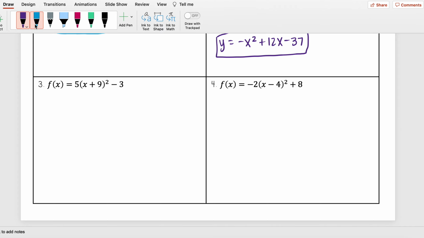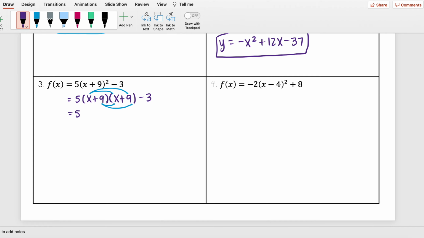Okay, let's try another one. So here I have 5 times x plus 9 squared minus 3. So that's really the same thing as 5 times x plus 9 times x plus 9 minus 3. I'm going to go ahead and do my double distribution here.